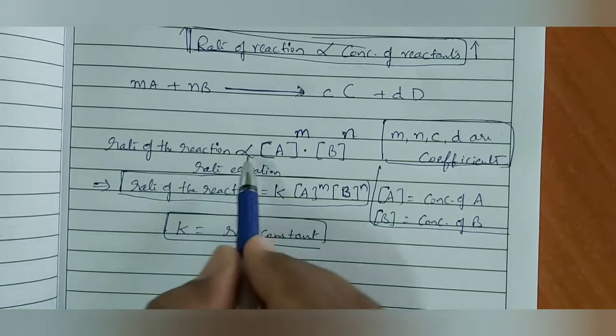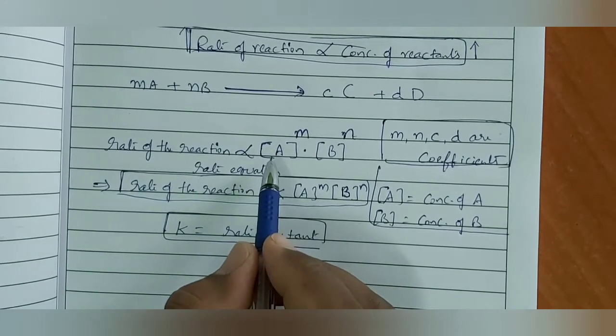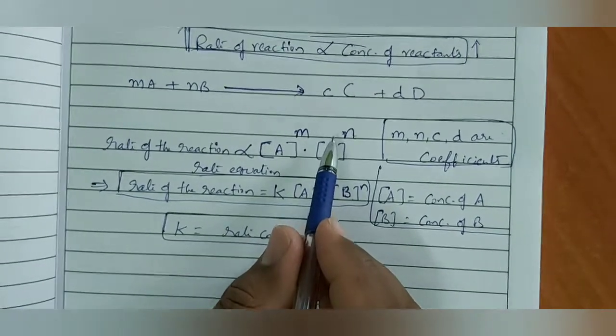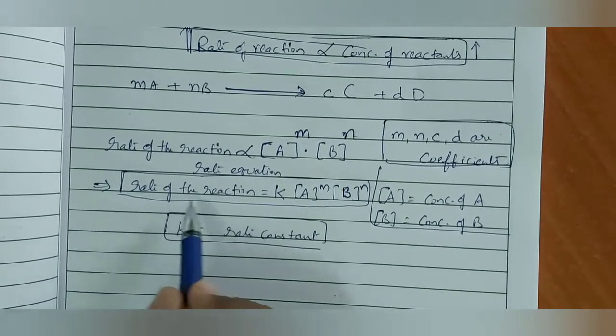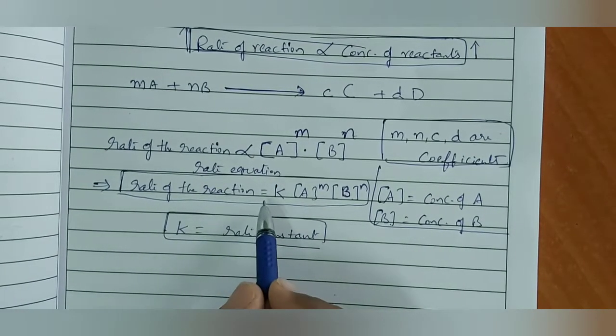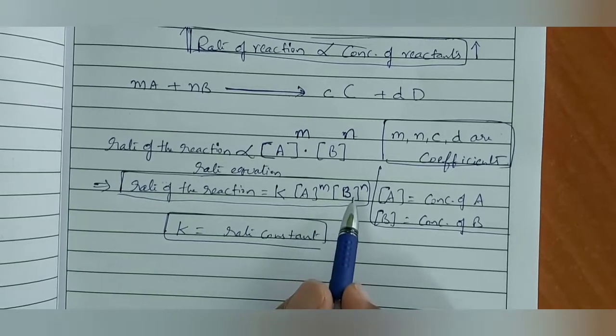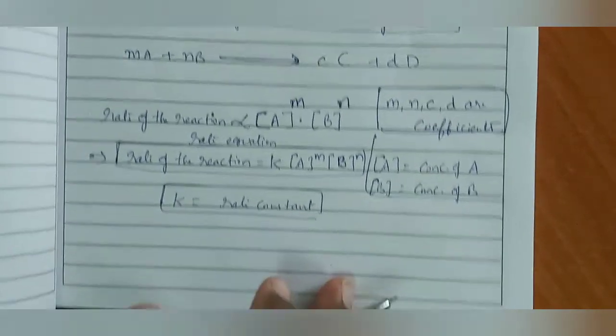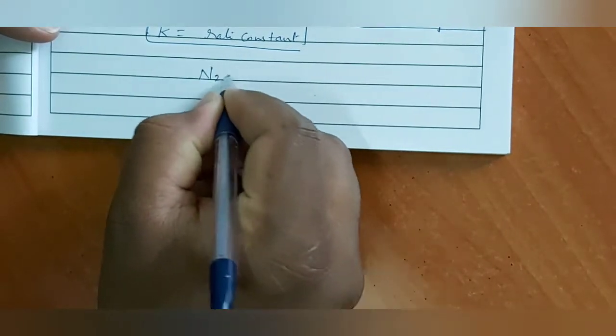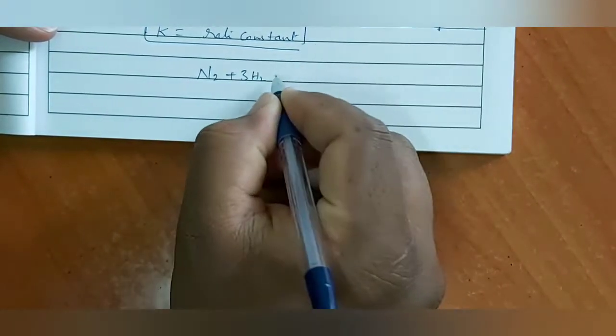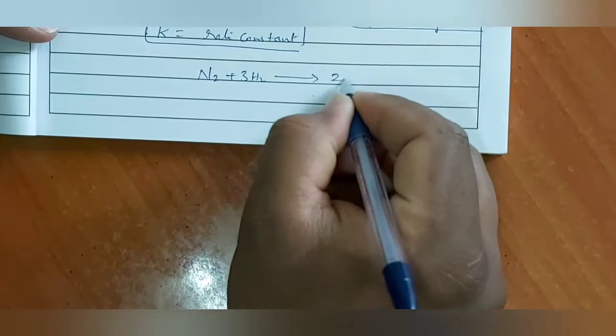For this, the rate of the reaction is directly proportional to concentration of A power m into concentration of B power n. The rate equation is: rate of the reaction equals K into concentration of A power m into concentration of B power n. K is called the rate constant. For example, N2 plus 3H2 gives rise to 2NH3.